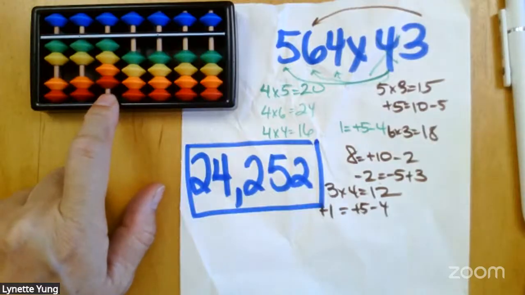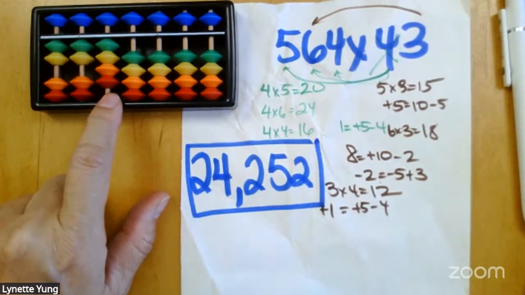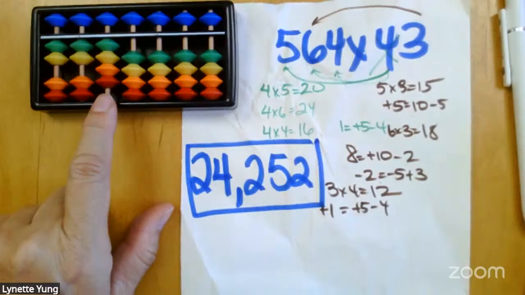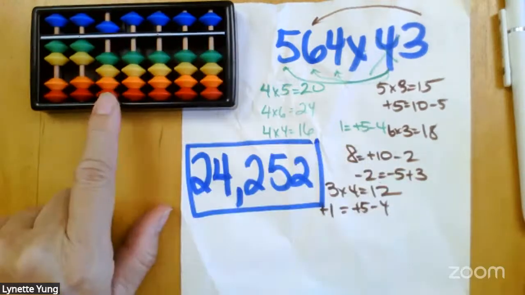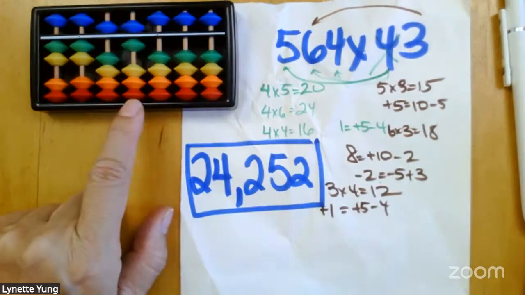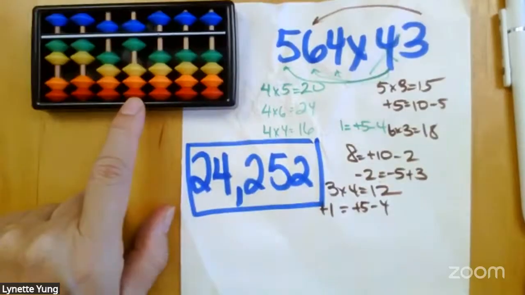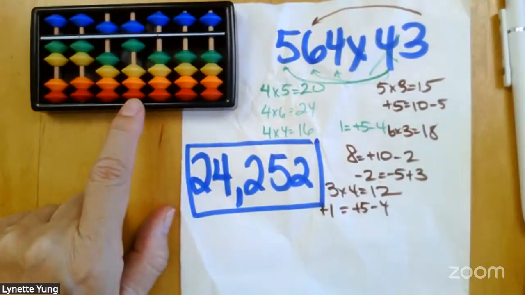And then it's 4 times 4, which is 16. In this case, because you don't have enough beads, you bring the 5 down, take away the 4, and then add the 6. Good. Okay, so we got that. Elisa, is that what you get? Yeah. 2, 2, 5, 6. Good.